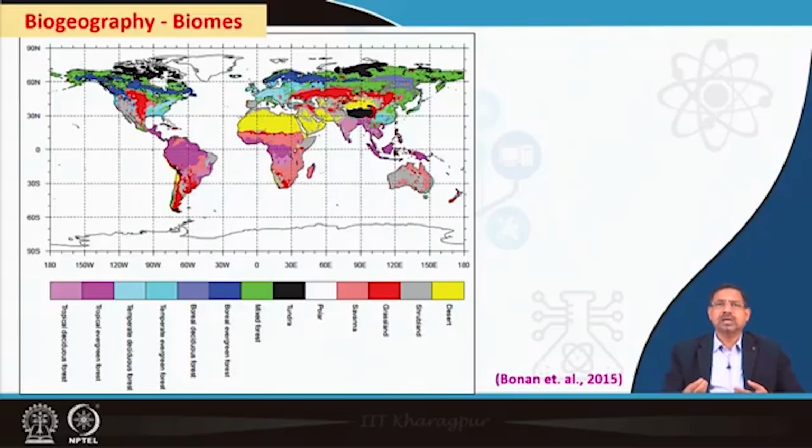It leads to optimal functional performance. What do we mean by the functional performance of a biome or a plant system or a vegetation system? It helps in sequestering the atmospheric carbon dioxide.